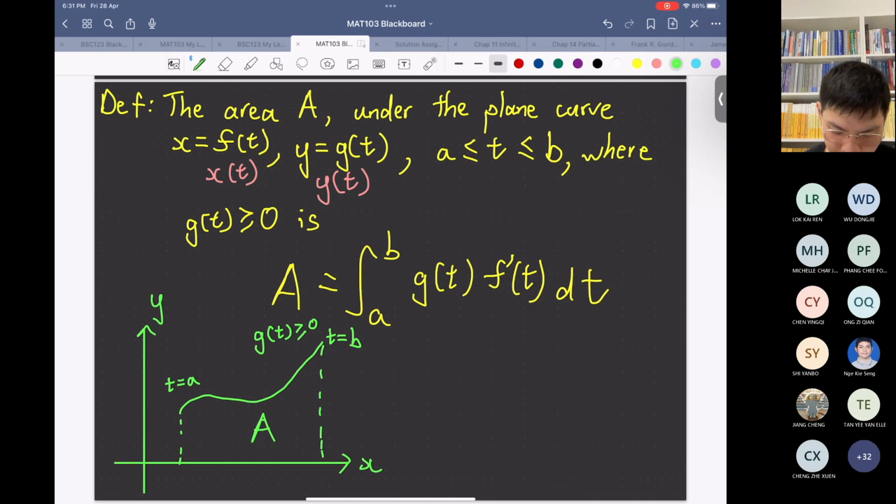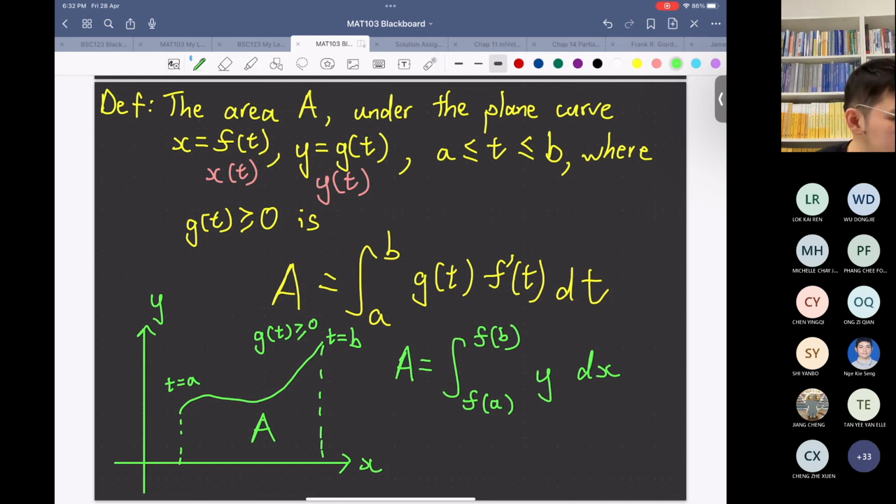So I think from your calculus 1 or either high school, you should know how to find area under the curve, right? So how do you find it in terms of x, y? You should integrate the y function with respect to dx, right? Okay, let me just write out. So you should integrate from f(a) to f(b) y dx.